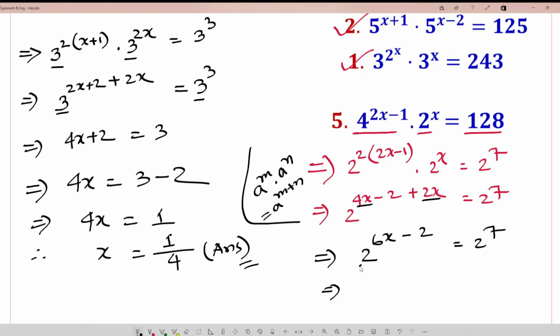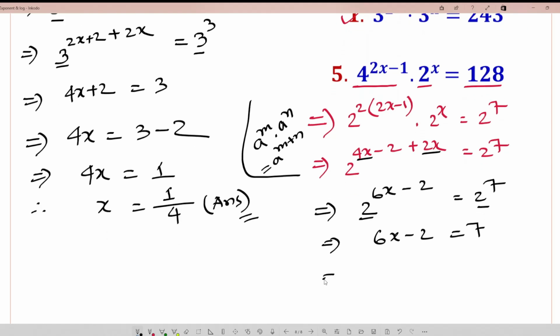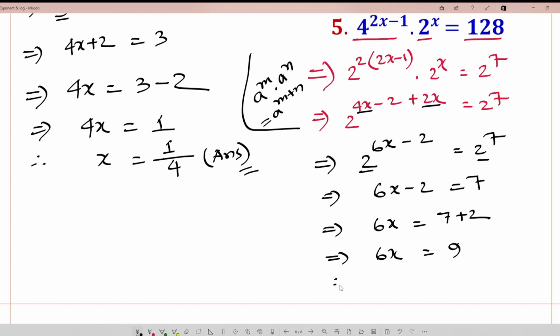Now the bases are the same, so 6x minus 2 equals 7. Now 6x equals 7 plus 2. So 6x equals 9. We can divide both sides by 6, so x equals 9 divided by 6. Once we divide by 3, it will be 3 and 2. So the answer is 3 by 2.